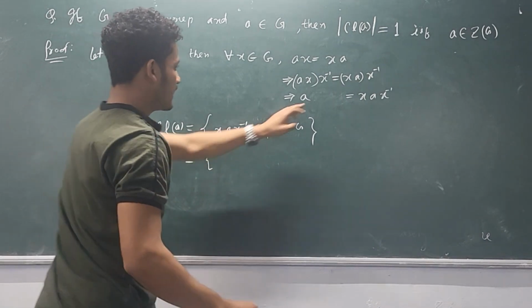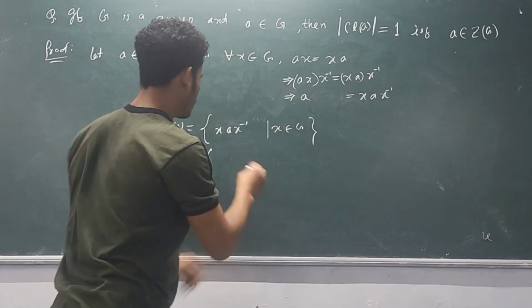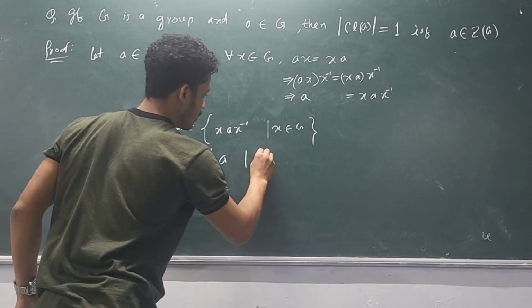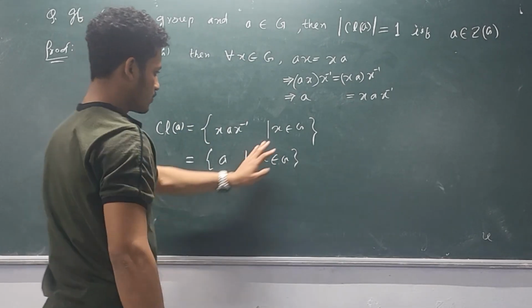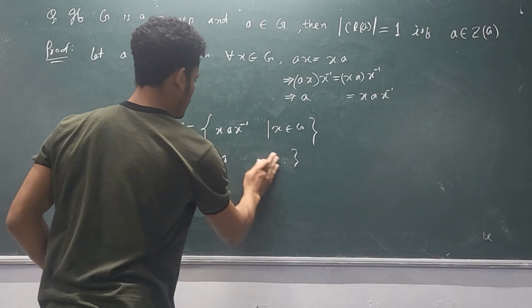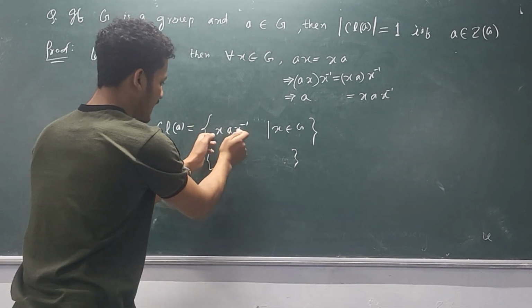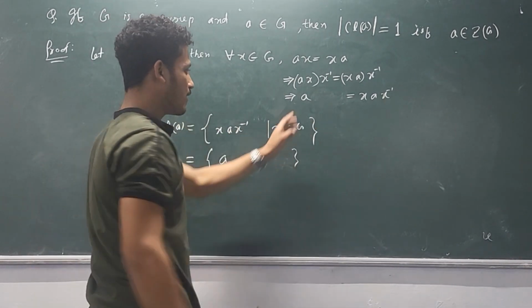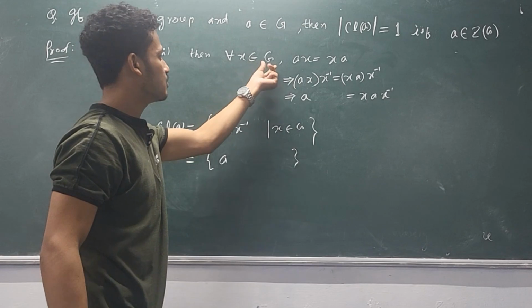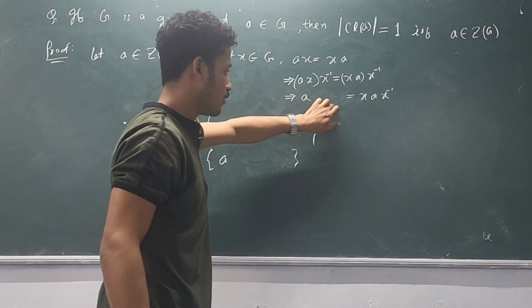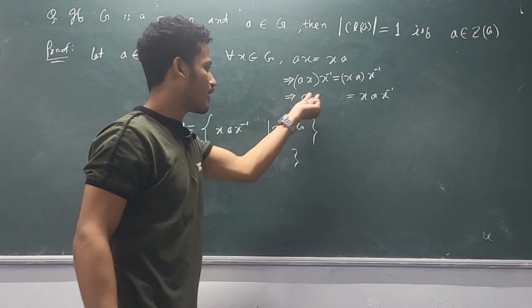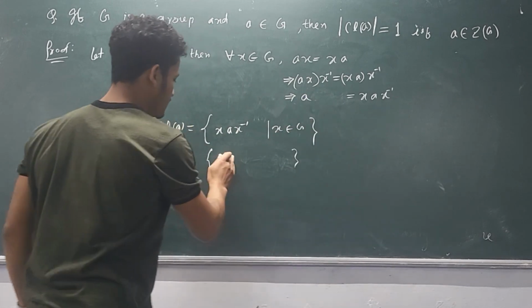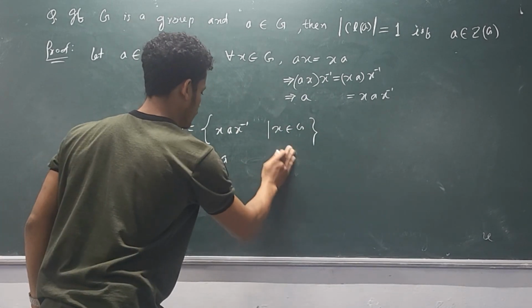Now what can we write? XAX inverse is equal to simply A, when X belongs to G. So this is the collection of all XAX inverse. But for all X belongs to G, we have obtained only one element, that is A. So this is equal to {A} only.